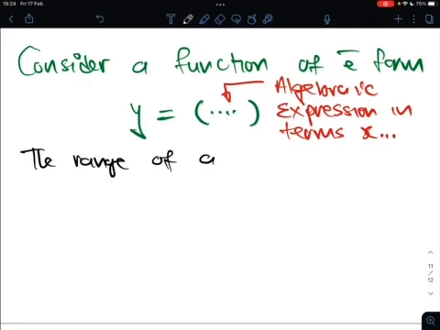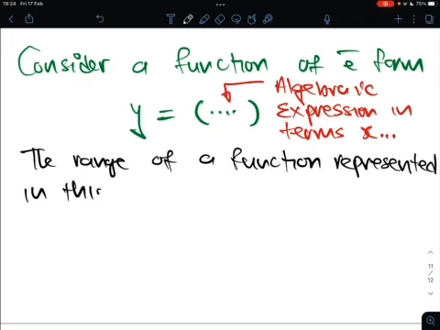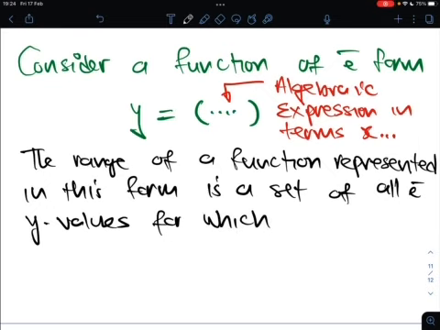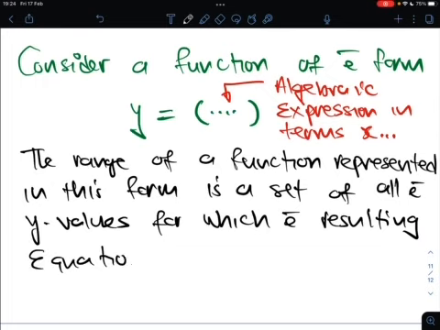The range of a function represented in this form is a set of all the y values for which the resulting equation is solvable.